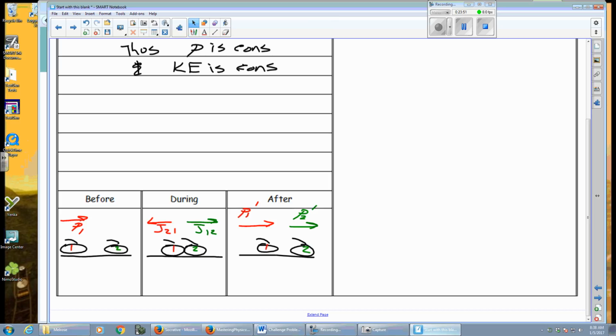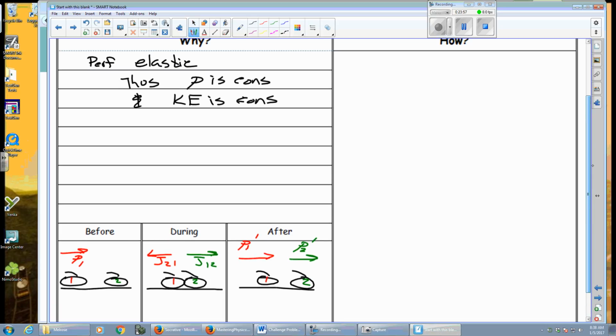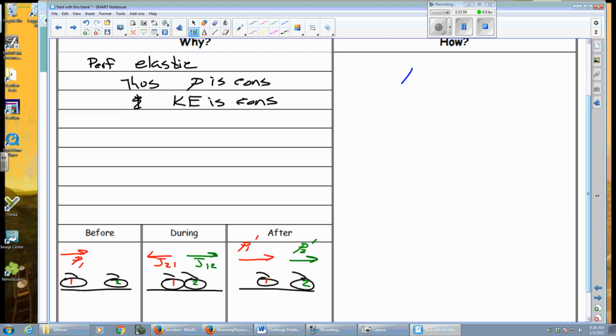So that's the diagram you should have. I'm going to use my 2 little facts up here: that momentum before equals momentum after, and the kinetic energy before equals kinetic energy after for the whole system. Oh, one of you had an example problem like this, right?